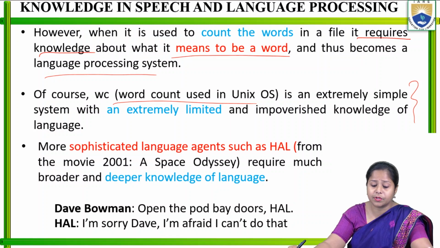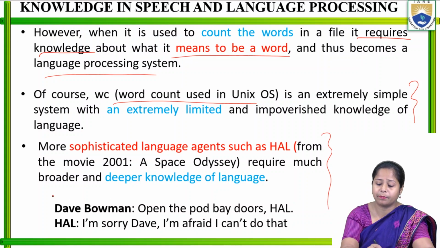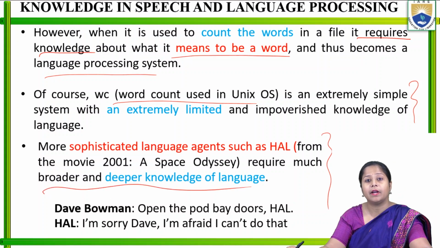Now, a more sophisticated language agent came into the picture in 2001, when the movie 2001: A Space Odyssey came out. For that, this agent, HAL, was invented, which requires much broader and deeper knowledge of language. Why? Because the different protagonists and characters were talking to each other in some language.